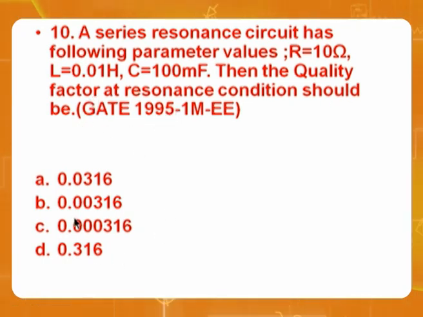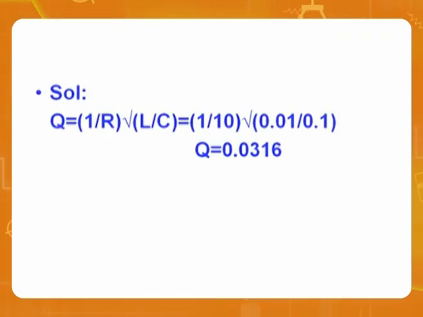Look at the answer. Quality factor is 1 by R root L by C. You can take another equation, that is omega L by R, when omega is given. If omega is not there, substitute omega as 1 by root LC, and you get this equation.